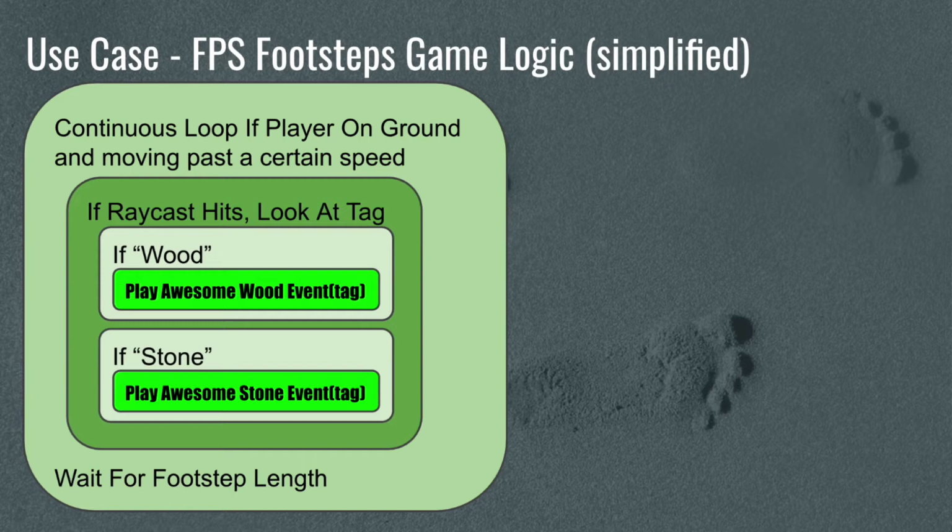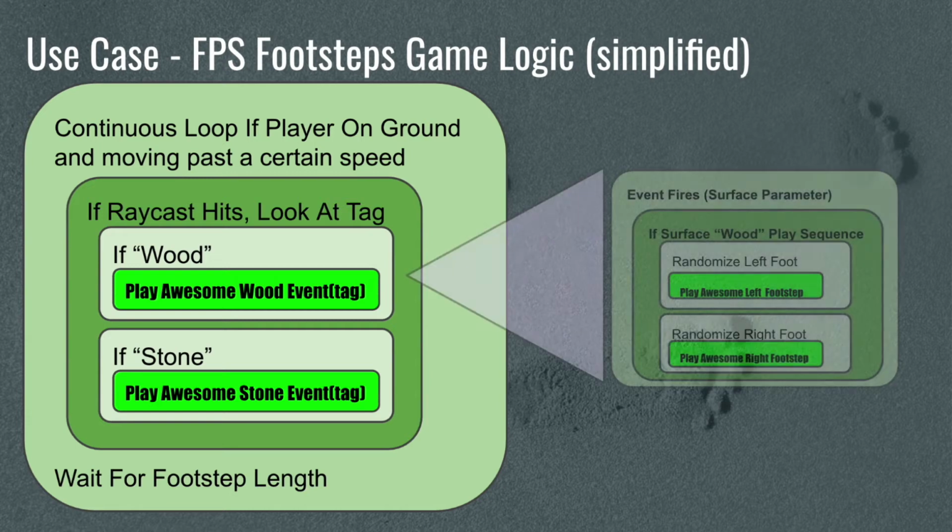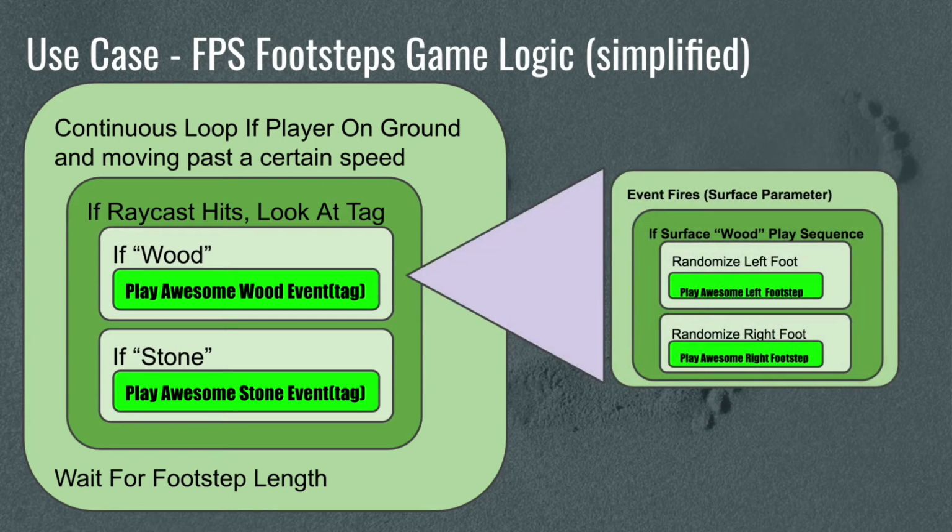But here's the interesting thing: now that you are on the wood surface, we can go into the realm of the sound logic. When we play the event, on the other side of that we can decide how to play it now that we've passed all these rules: we're on the ground, we're moving past a certain speed, and we're on the wood surface, let's say.